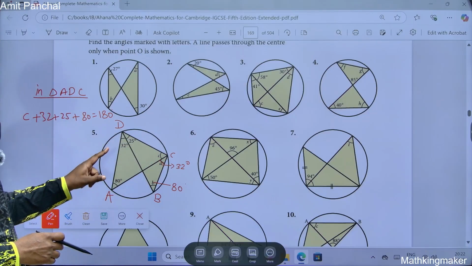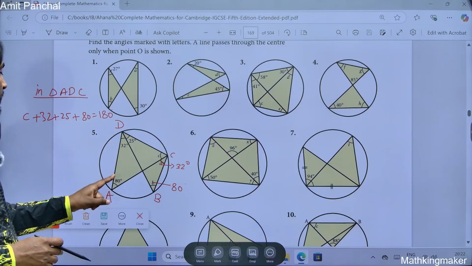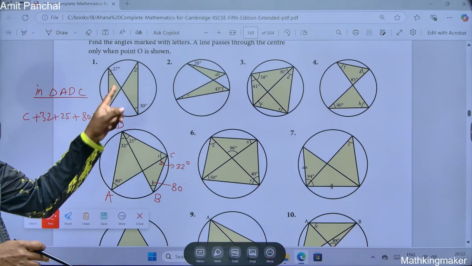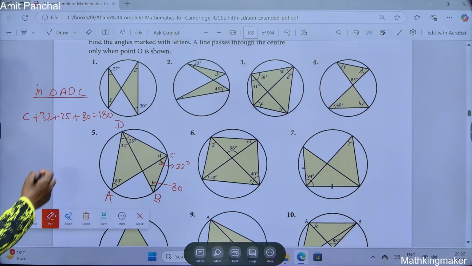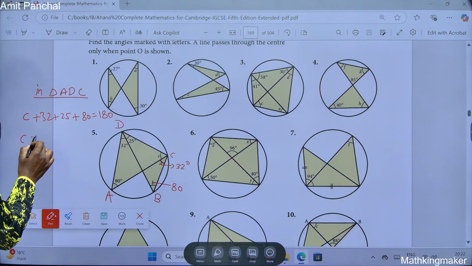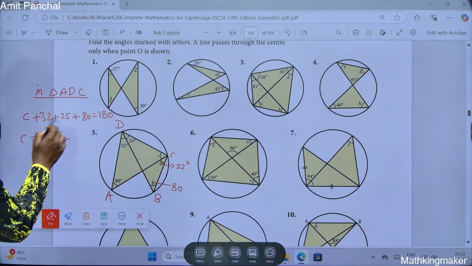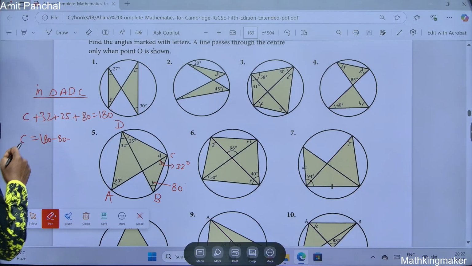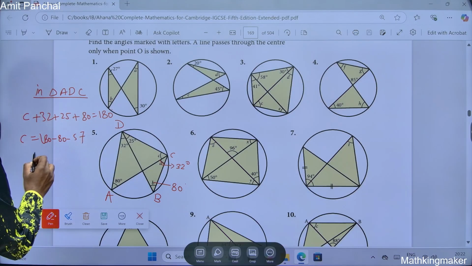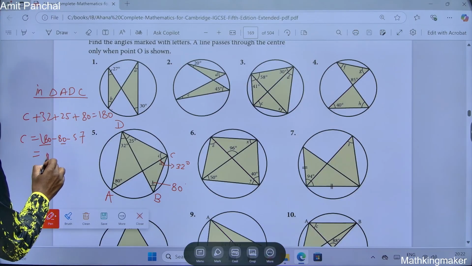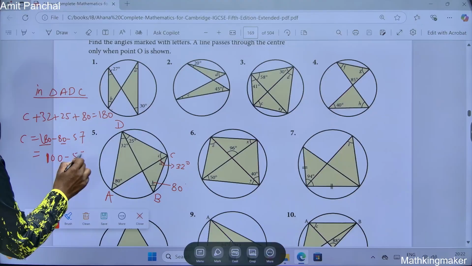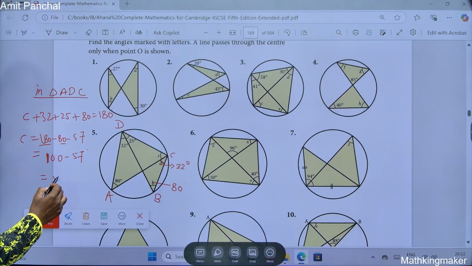So in the ADC triangle, you get 32 plus 25 plus 80 plus C equal to 180, isn't it? So you can find out C also. 32 plus 25 is how much? 57. So 180 minus 80 is 100. So 100 minus 57 is 43 degree. 43 degree. Okay.